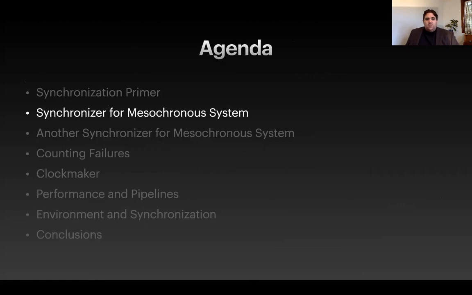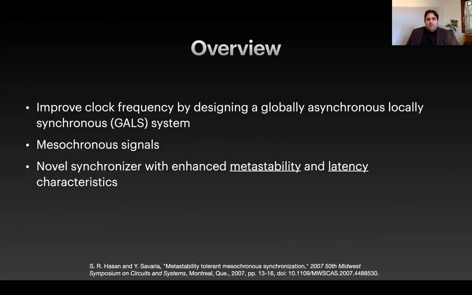Okay, so let's get started with the first research paper. This is a synchronizer for a mesosynchronous system. The goal of what these researchers were trying to do was to improve the clock frequency by having synchronous blocks and asynchronous blocks, basically. So we're back to the concept of a GALS system.